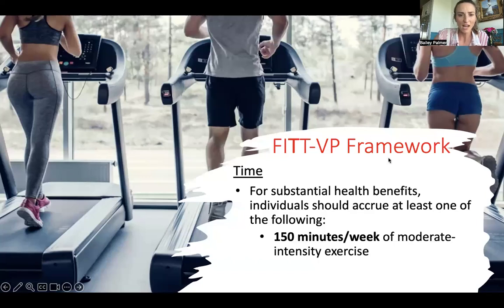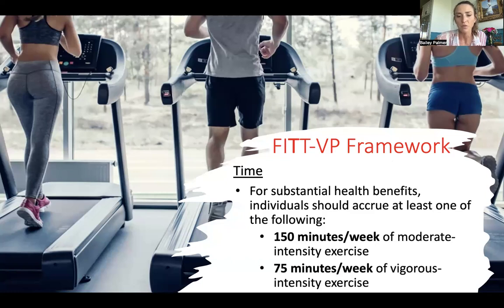All right, so what about our time? For substantial health benefits, individuals should achieve at least 150 minutes a week of moderate intensity exercise. So this is anything that gets your heart rate up to where you're breathing heavy and you can still get out a fragmented sentence, that creates some sort of sweating, some sort of fatigue due to that workout.